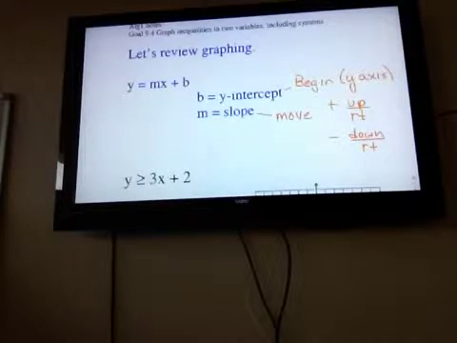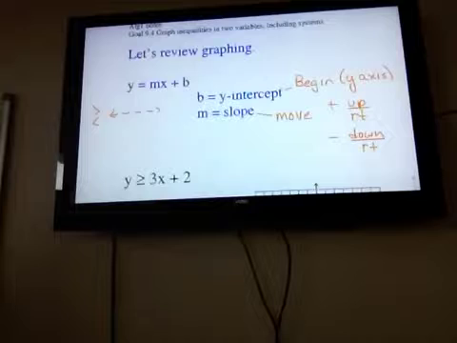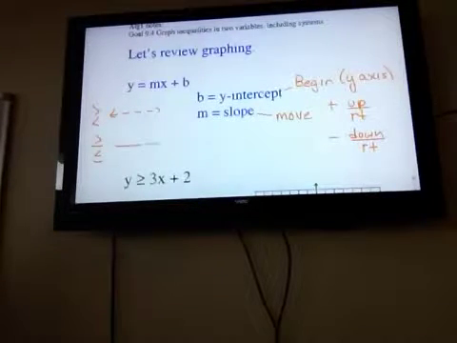Just like on your assessment today and on goal 9.2, sometimes you did open circles and sometimes you did closed circles. So this is going to be the difference between these kinds here. If I have a greater than or less than, we're going to have a dashed or dotted line. But my greater than or equal to, less than or equal to, those lines will be solid lines.